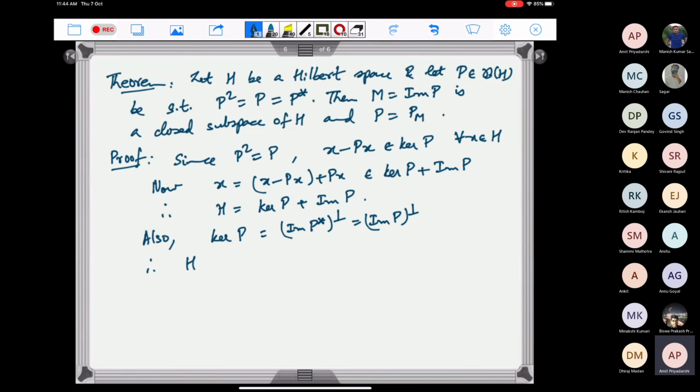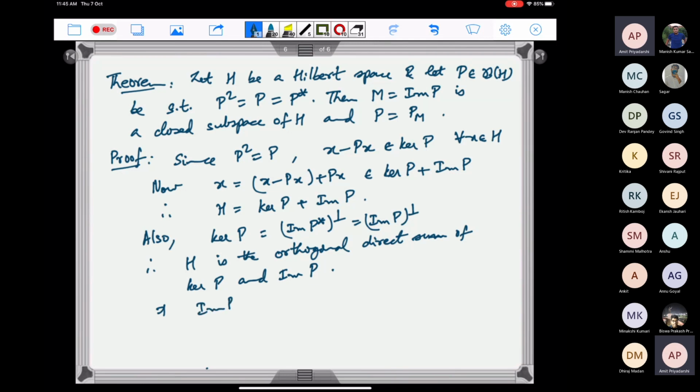Therefore, H is the orthogonal direct sum of kernel P and image P. And so this will imply that this image P is closed, and P is equal to P of M.